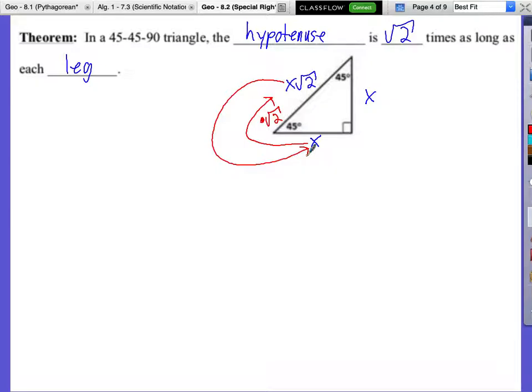No. So how are we going to get rid of the square root? Divide. To get there we multiply, so to get back, we'll do the opposite. We'll divide by the square root of 2. They're inverse operations, so we have to use the opposite.